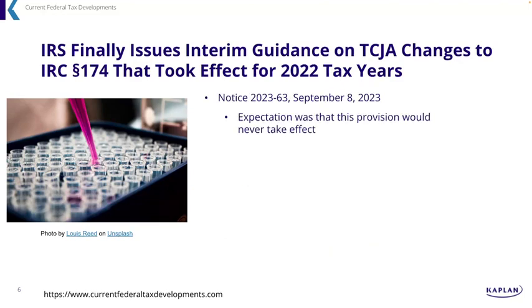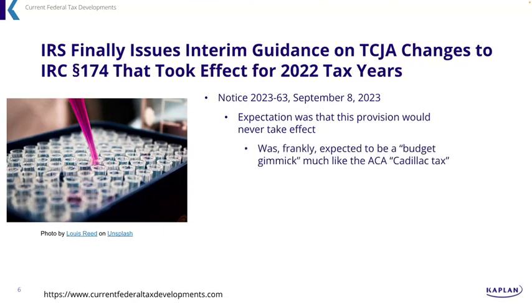And that's because, to be honest, the people in the room had the same expectation that everybody else in this area had, who had been commenting, writing, etc. They all had the same expectation that it would never actually take effect. It was, to be blunt, expected to be a budget gimmick very similar to the Cadillac tax we saw in the Affordable Care Act.